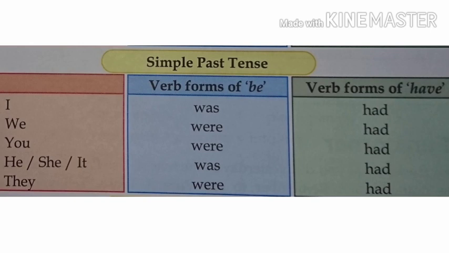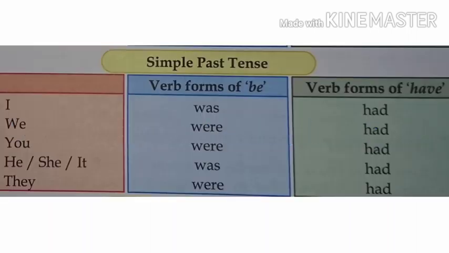Let's use these verbs in a sentence. I was hungry and I had my breakfast. Here the actions took place in the past, and the verbs used with the pronoun I are was and had. So the sentence is in the simple past tense.